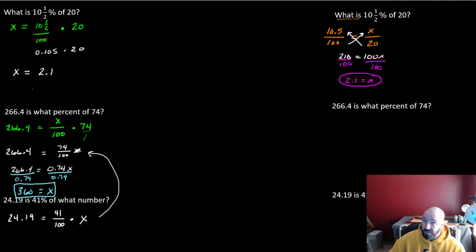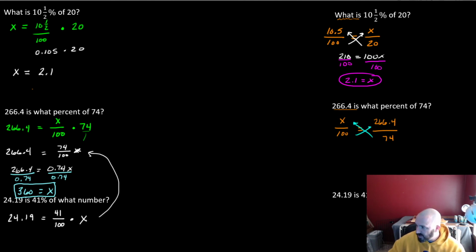Next, I always start at the percent, so it's just easier for me to start with that aspect. So what percent? So this is going to be x percent is equal to, the is the 266.4 of 74. And again, wash, rinse, repeat. We just cross multiply.